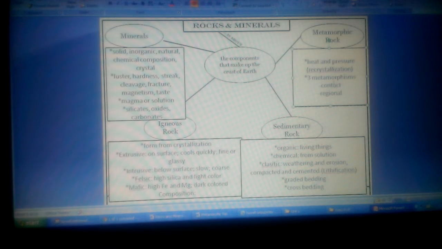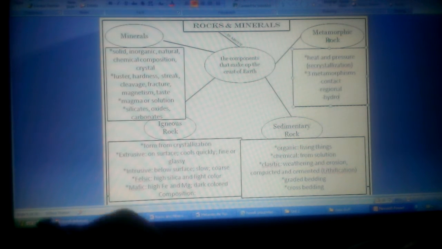Sometimes large regions are subjected to high pressure, like when mountains are building, and that's how you get regional metamorphism over a large area. And then the last is called hydrothermal metamorphism. Hydrothermal is when you have hot water that's going through the rocks and changing them with its extreme heat. And those are also going to be associated with volcanoes and volcanic activity, just like contact metamorphism. So those are your three types of metamorphism.